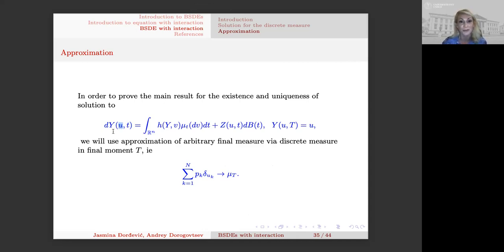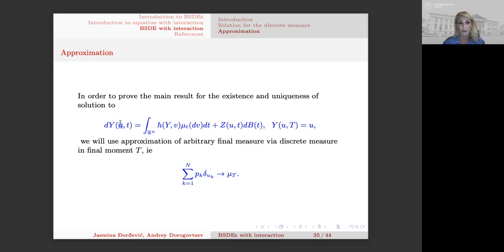Maybe Andre, if you have some intuition. If the function h is continuously differentiable or infinitely many times differentiable, probably it is possible to prove that y is differentiable with respect to u.